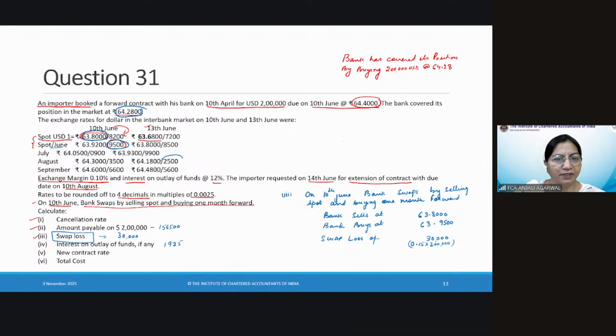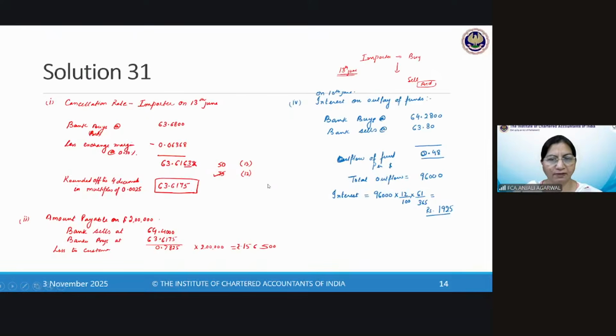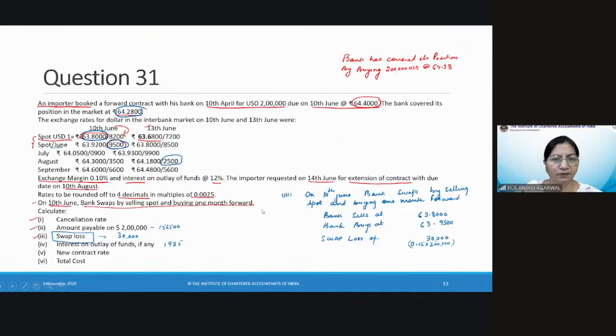This would be the new rate. So August forwards would be 64.2500.